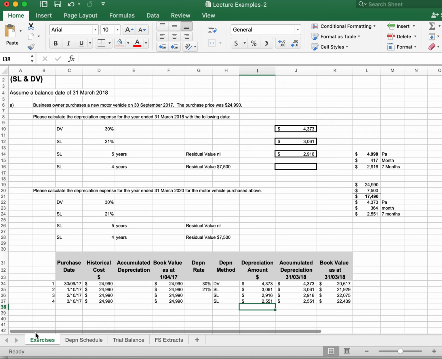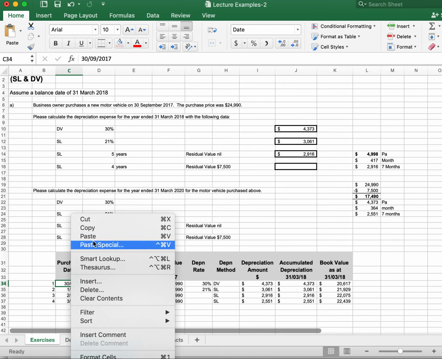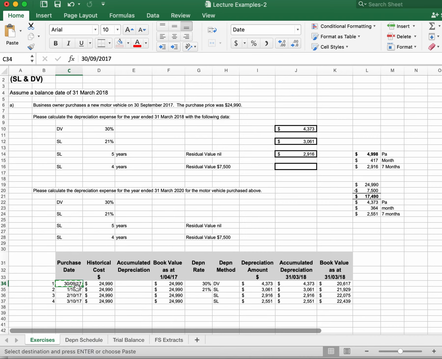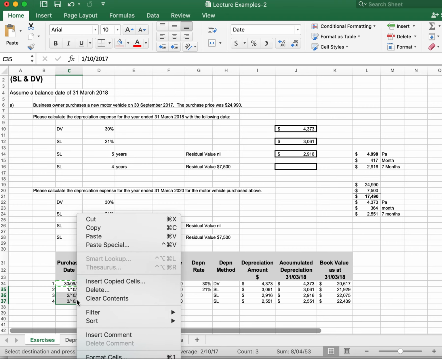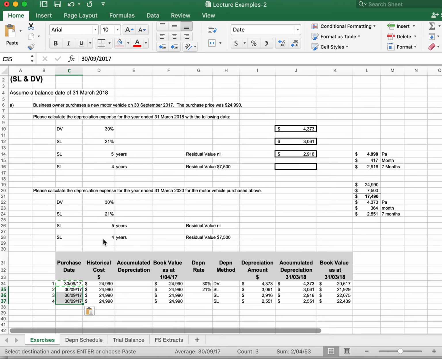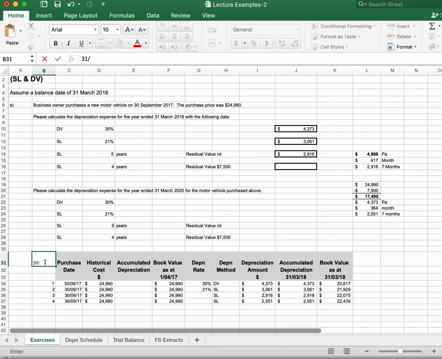I'm just going to fix up the dates I've got over here because when I copied that down, it actually added a day every time. So that's not right. So those are the examples for that first 7-month period, so that's the year ending 31st of March 2018.